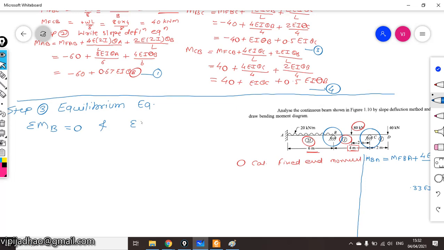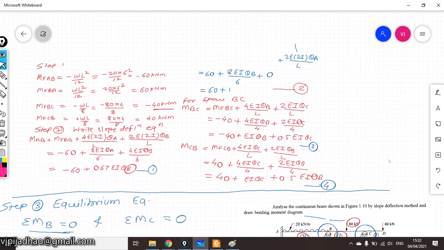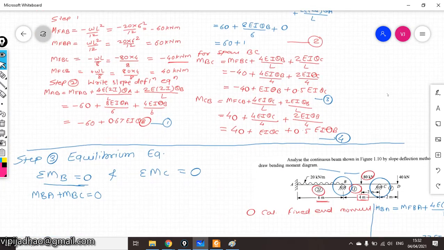Summation of moment at B equal to 0 means we add the final end moments for BA and BC. Therefore MBA plus MBC is equal to 0. Just put the values of MBA and MBC in this equation.